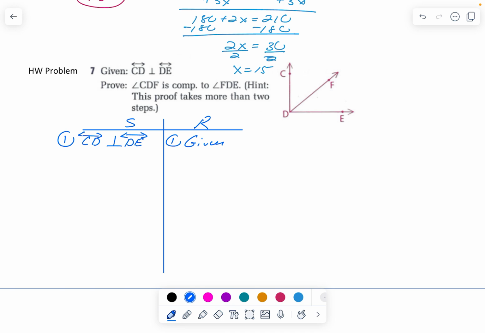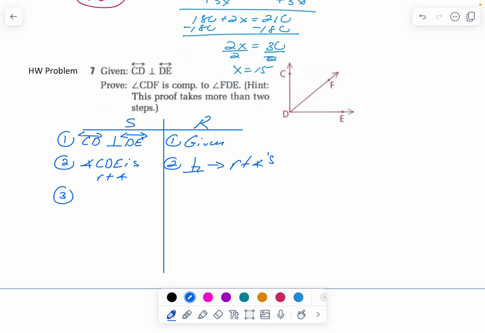So remember we learned yesterday that if we have perpendicular, then we know we have a right angle. So we could say angle CDE is a right angle, because perpendicular makes right angles.